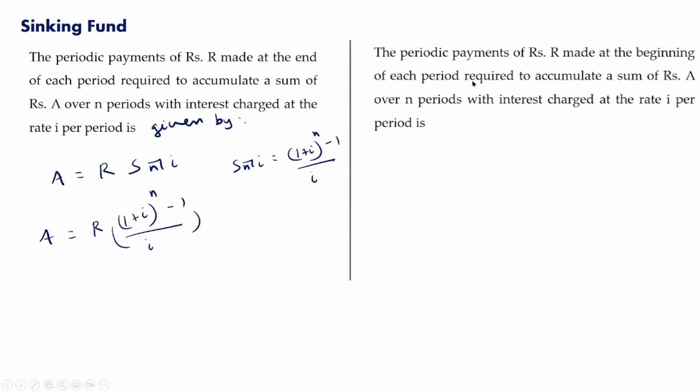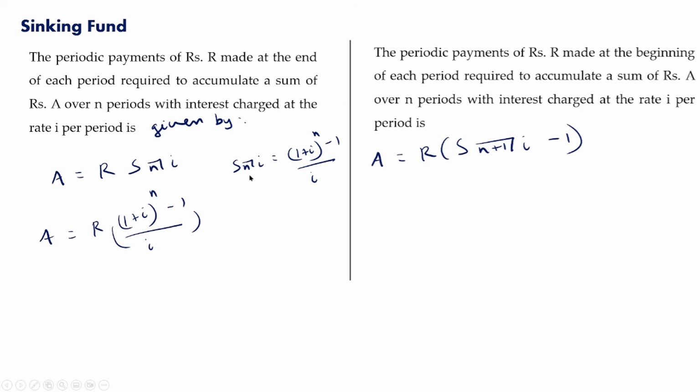When the periodic payments of rupees R are made at the beginning of each period, required to accumulate a sum of rupees A over n periods with interest charged at rate I per period, it is given by A equal to R into S angle n plus 1 at rate I per period, minus 1.